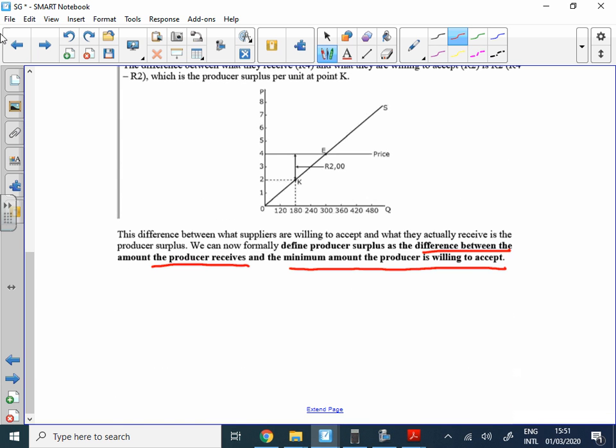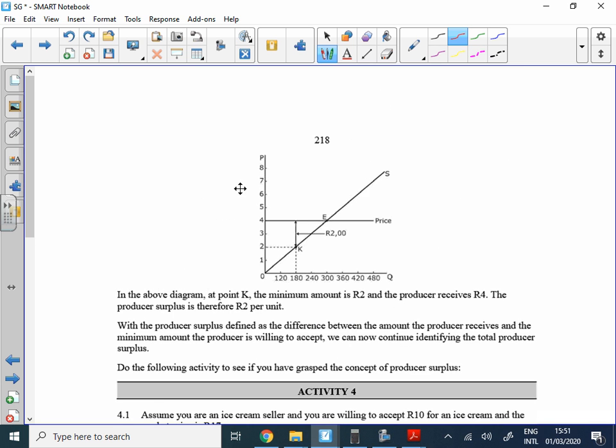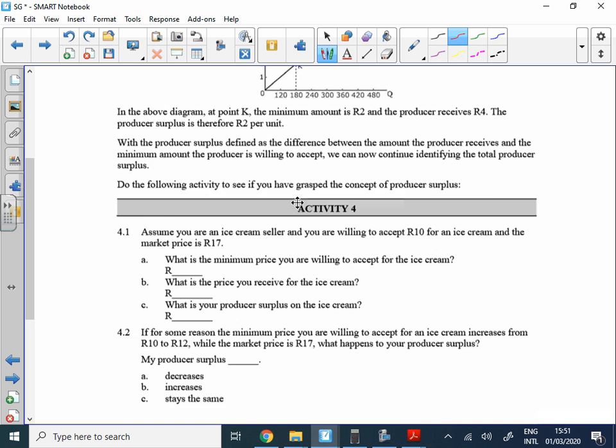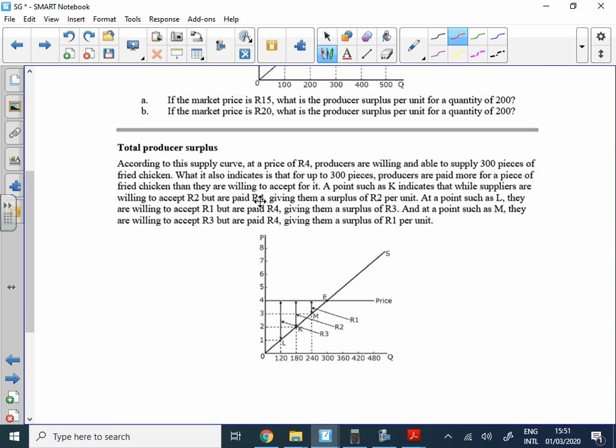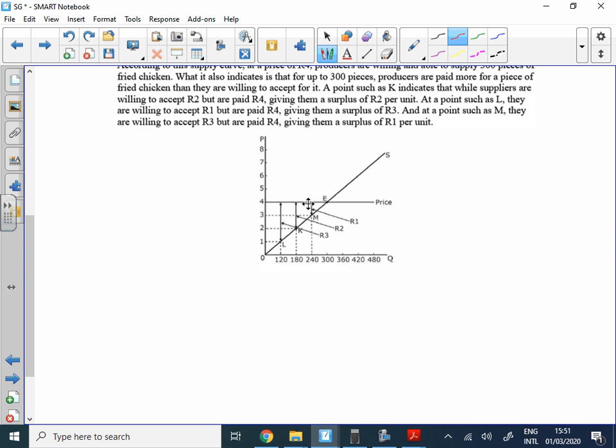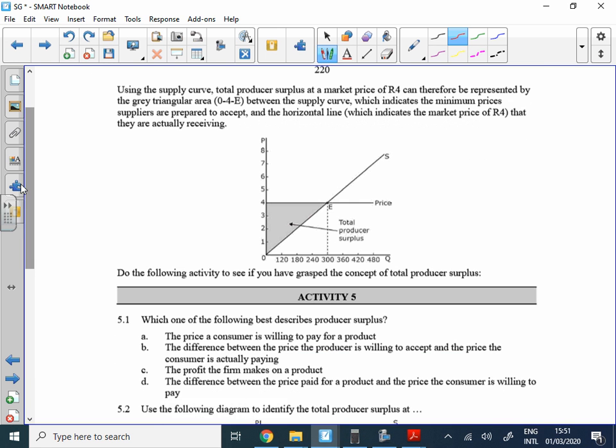Okay, so we have the definition for a producer surplus. And then we go on, I need the diagram. We're going to get it where total producer surplus is from the individual producers. One can get a certain surplus and so on. The total is going to be the gray area that we have over here.